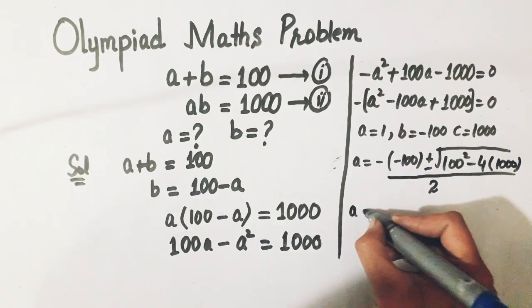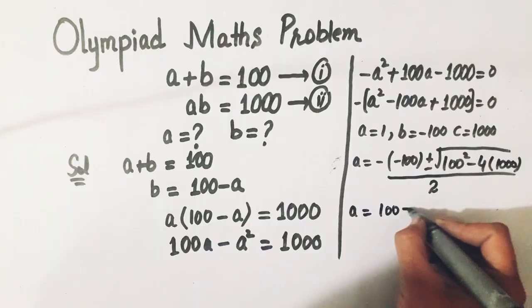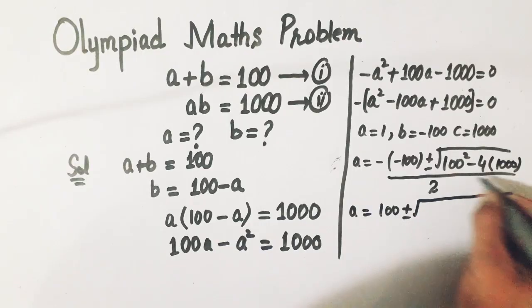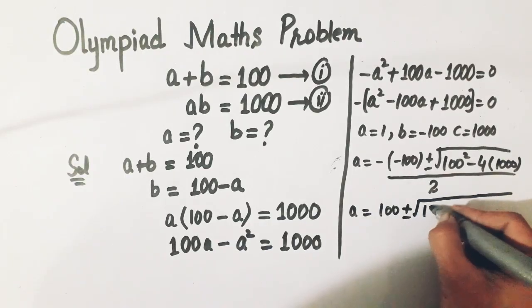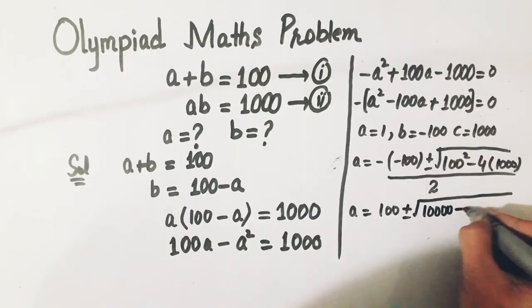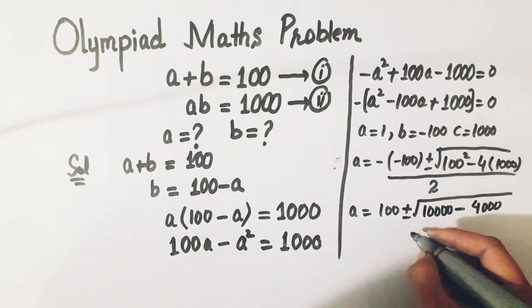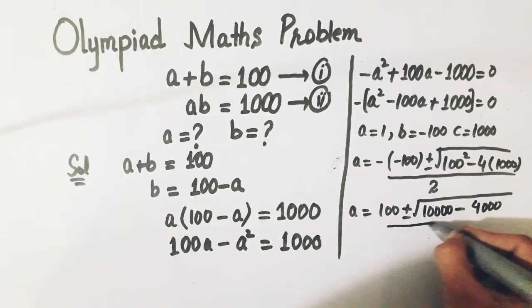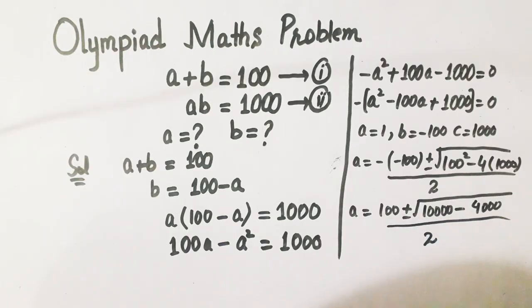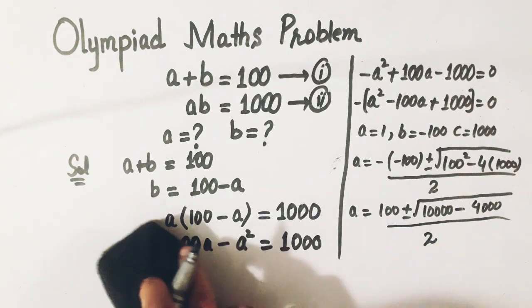So a equals 100 plus minus the square root of 100 square minus 4 times 1000, divided by 2.